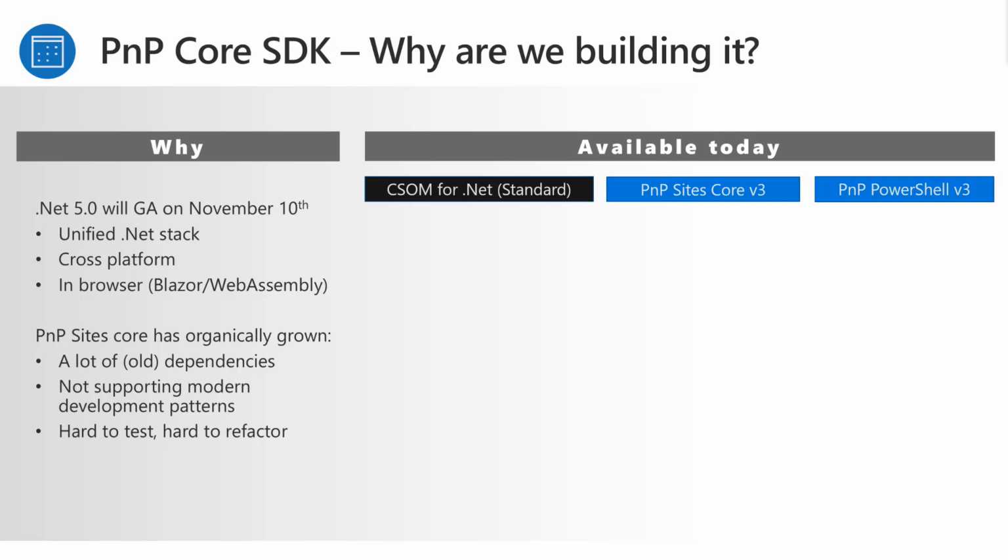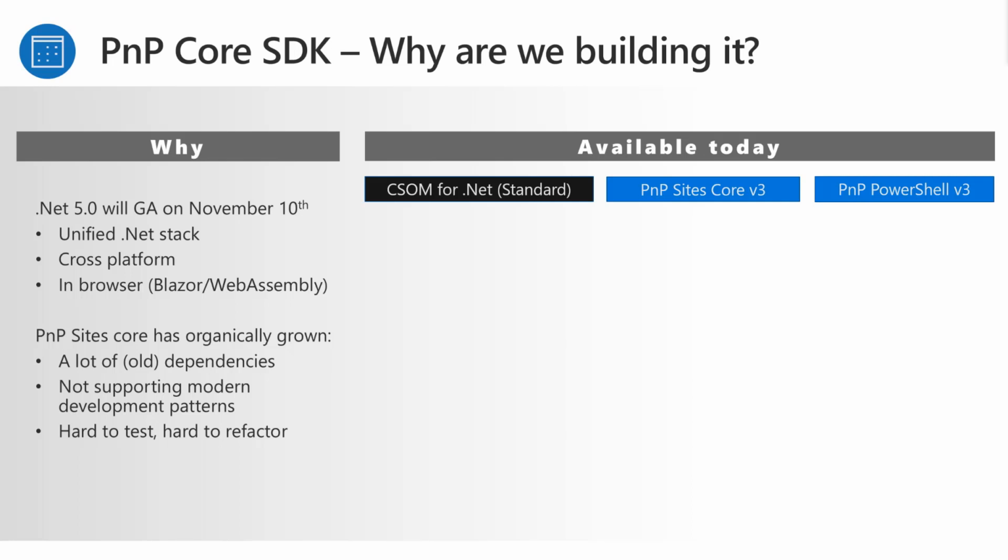And now with CSOM for .NET Standard, which is really, really close, we will make PnP Core and PowerShell cross-platform again, and it will get a bit of a restart. But still, it is a very big monolithic set of components.